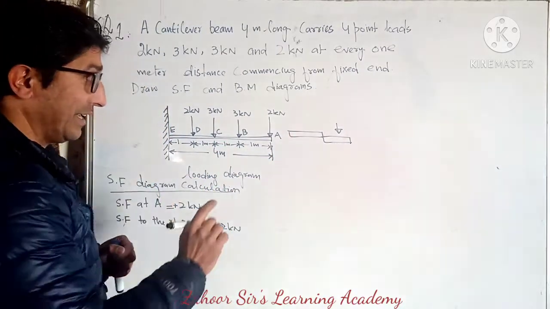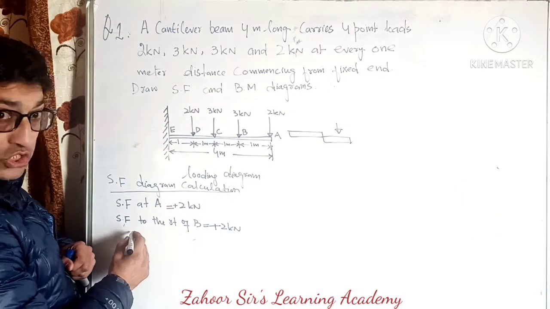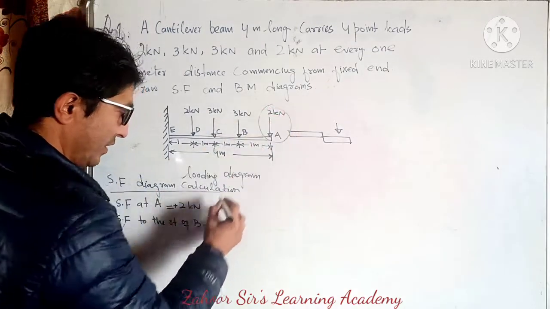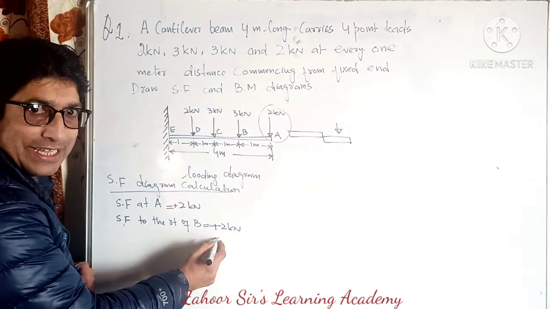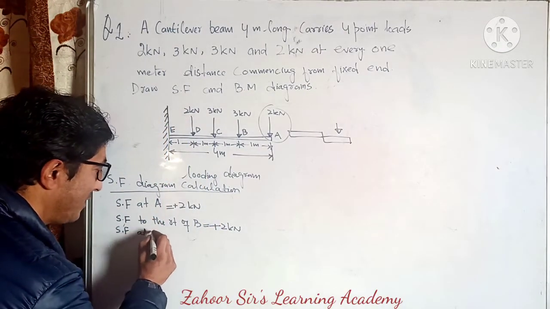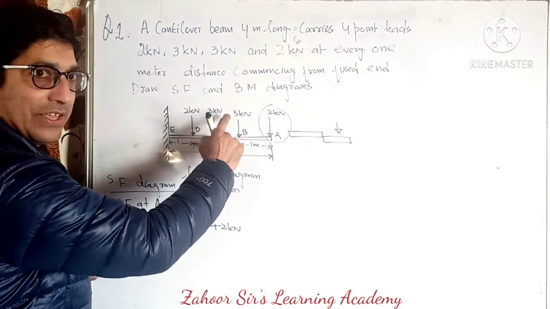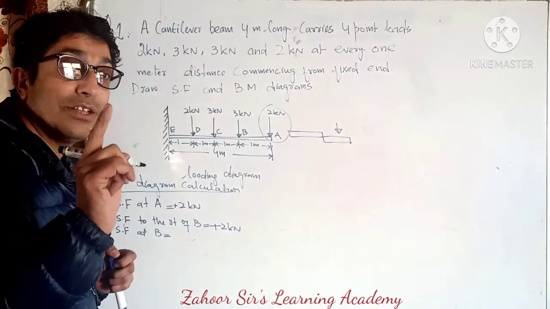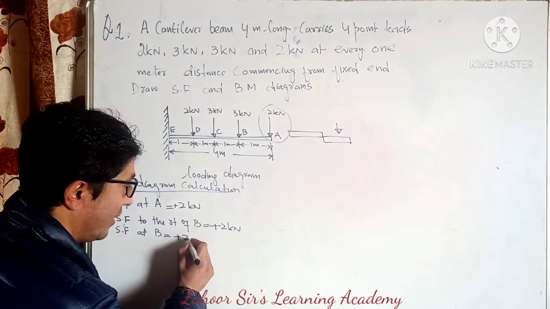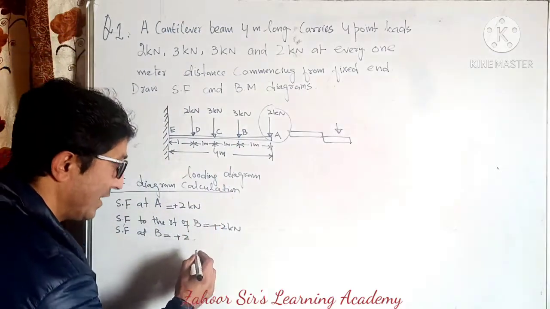To the right of B is only this one, which I wrote earlier. Now I will say SF, shear force at B. How much is at B? At B it is 3. So SF is the algebraic sum: there was already 2 to the right, and now at B there is 3.